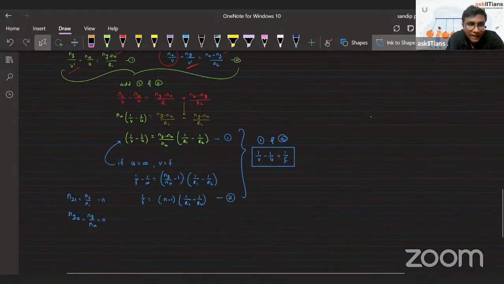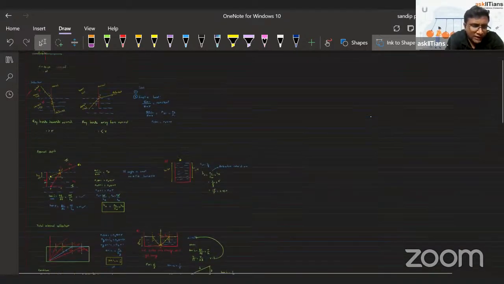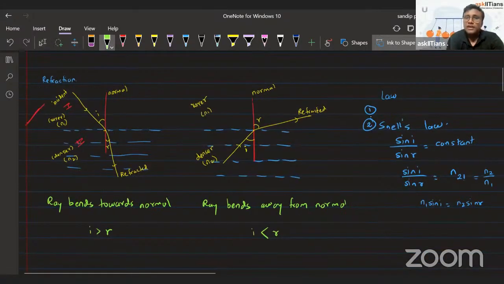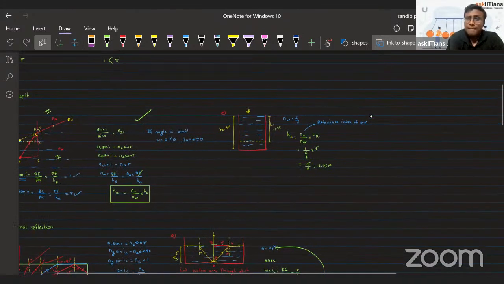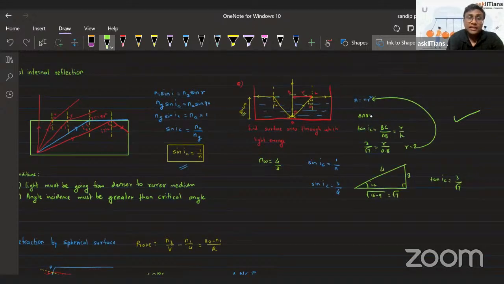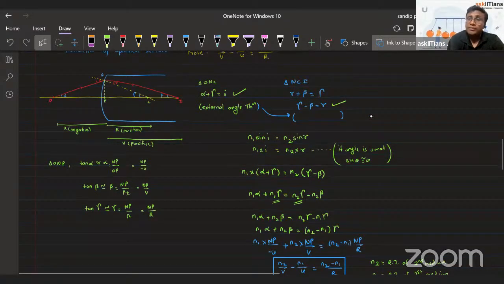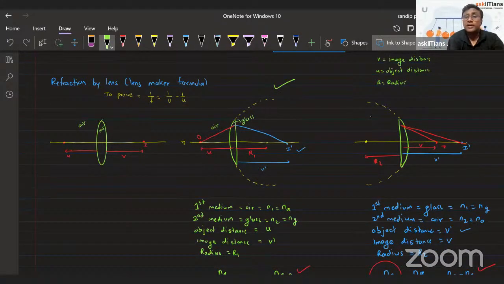That is a small concept you can remember after this, right? So as I said, we have done many derivations: in reflection, the laws; in refraction, the laws, apparent depth, small derivation, formula based questions; then total internal reflection, this big derivation but important; and the lens maker's formula. This one is also important, right?